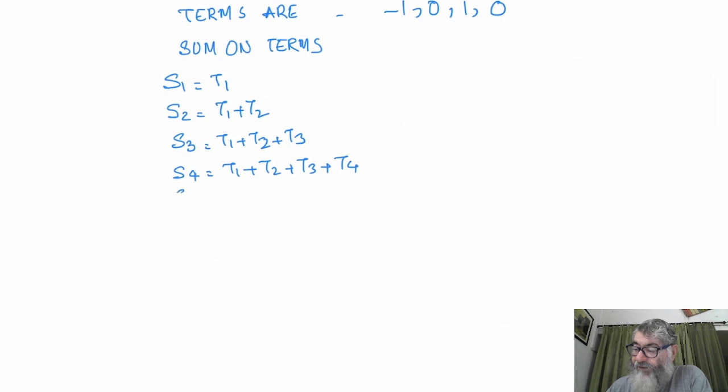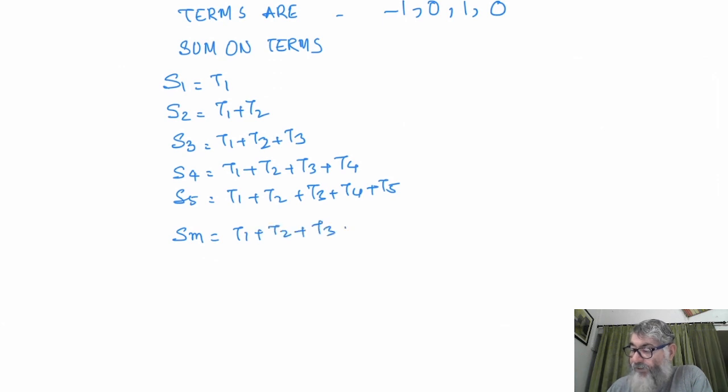Similarly, S5 will be what? 1, 2, 3, 4, 5 terms. Similarly, if it is Sm, then it will be T1 plus T2 plus T3 plus T4 plus T5, and so on till Tm, the mth term.